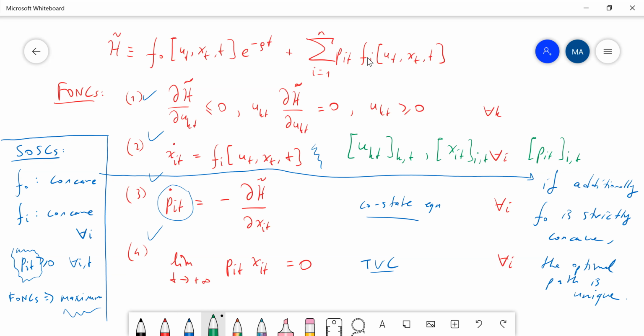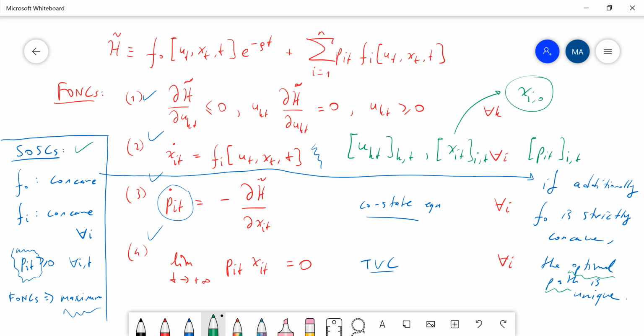So I want to solve for these things. And from these, I only know x_i0, right? Initial values are known. Then the optimality conditions are found. Then I try to construct a dynamic path, which is supposedly optimal under these conditions.